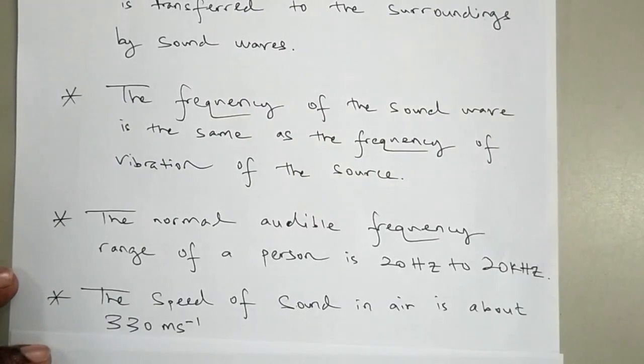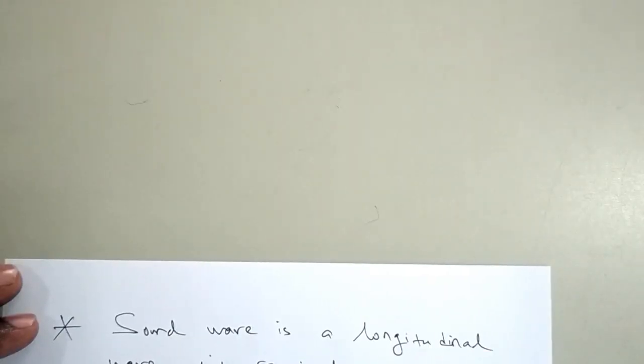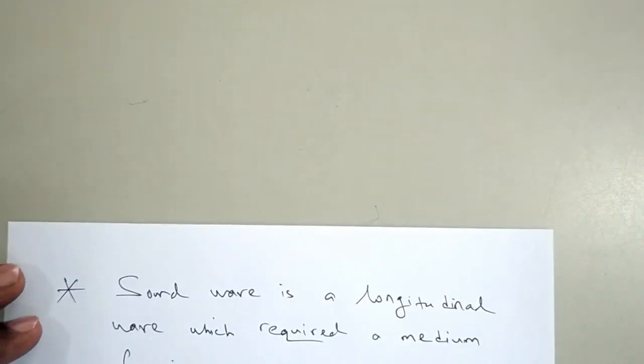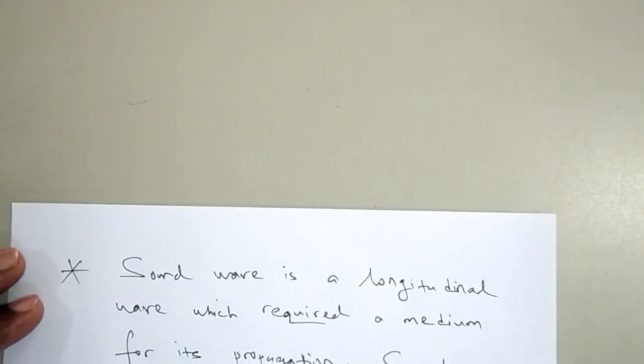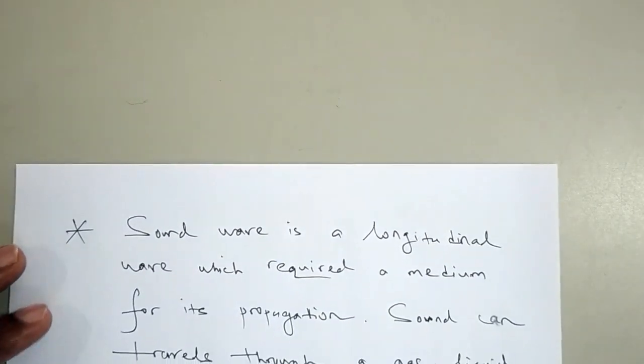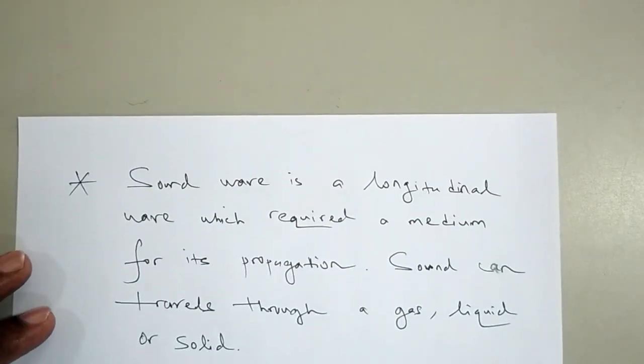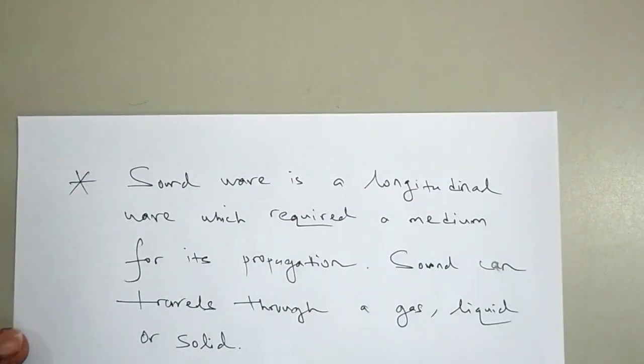Sound wave is a longitudinal wave which requires a medium for its propagation. Sound can travel through a gas, liquid or solid. I repeat again, sound can travel through a gas, liquid or solid.